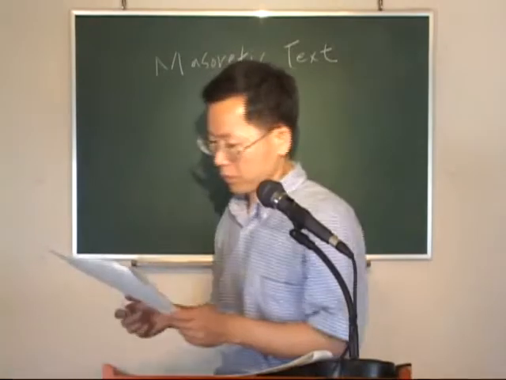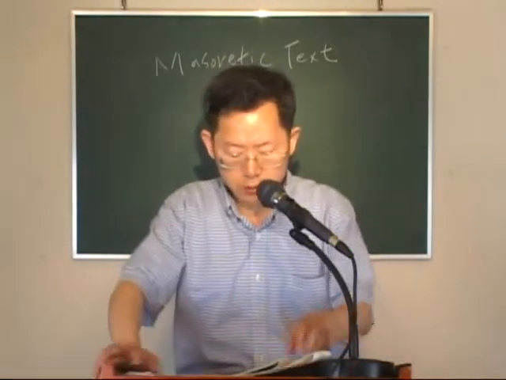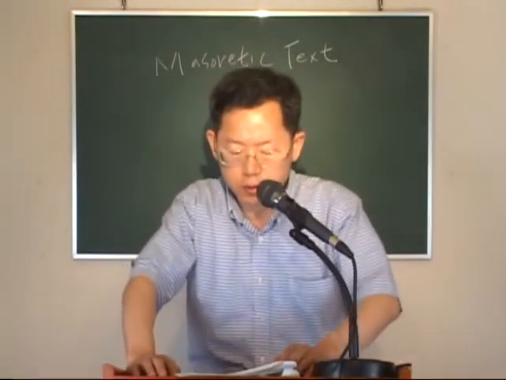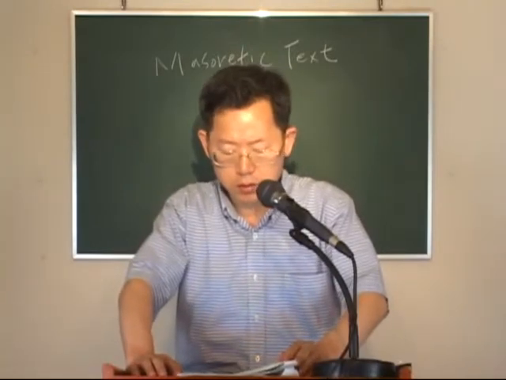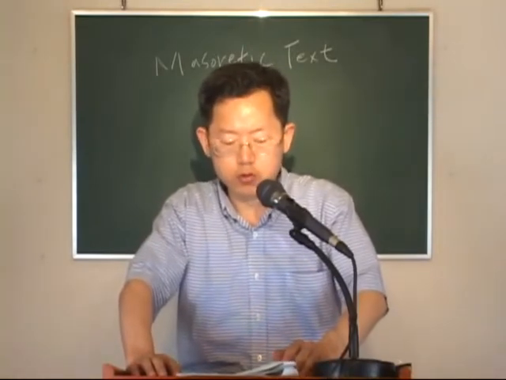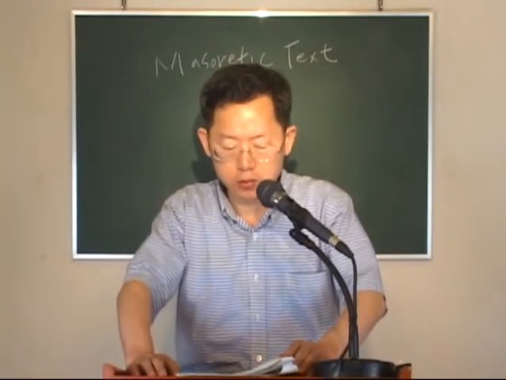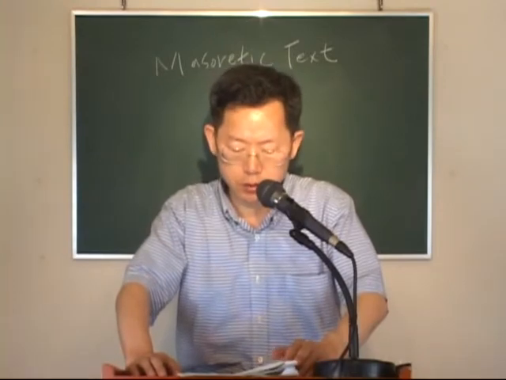The Masorah is a copy of the Old Testament Bible. It is a copy made between 500 AD and 1000 AD.